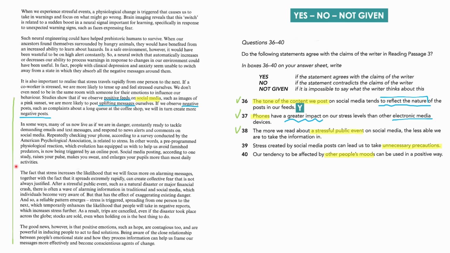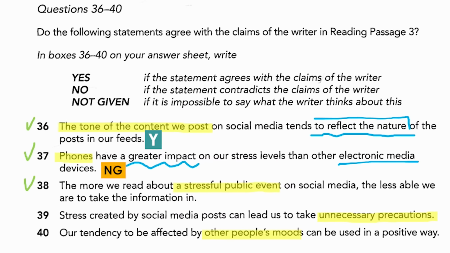So let's continue reading the next paragraph. And then we find this keyword, after a stressful public event. But that is question number 38. So this means the answer to 37 should be somewhere here. But there is no comparison, and this means the answer is not given.